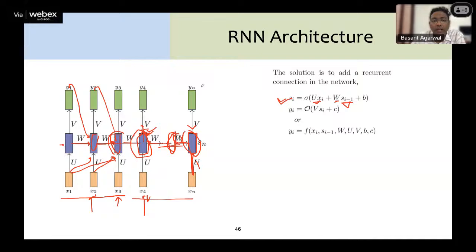Okay, and now when we predict output, it will be like V s_i plus c, the bias. We can also write this equation like this, which is a compact representation. It means the same, which shows y_i, the output, is basically a function of x_i, where x_i is the input, and s_{i-1} means the previous inputs.